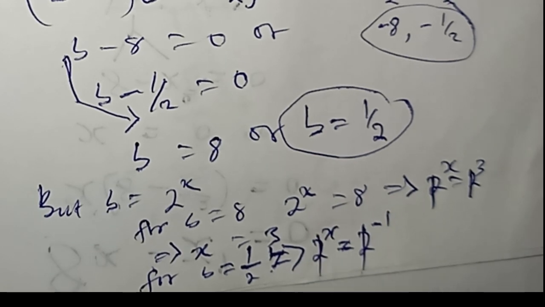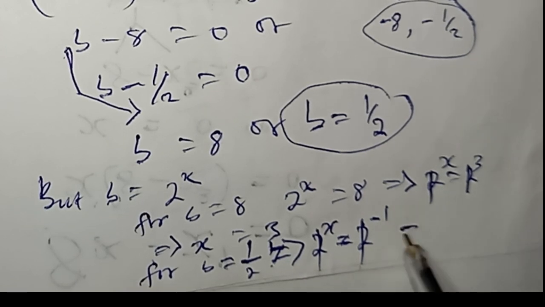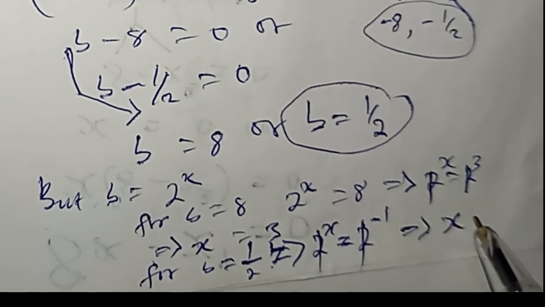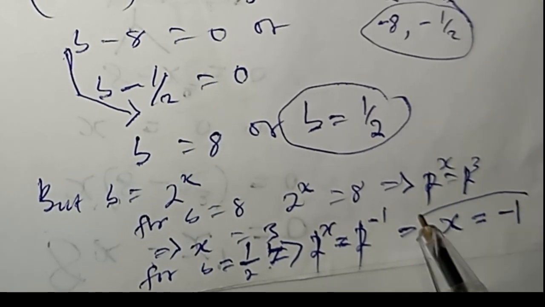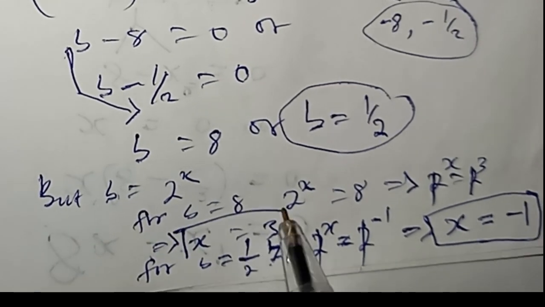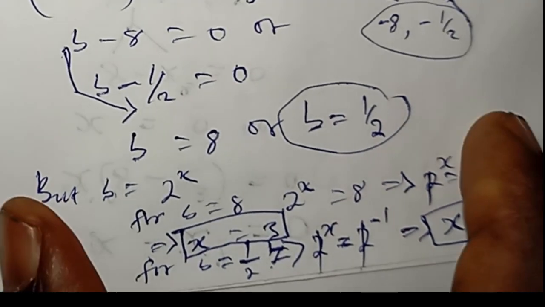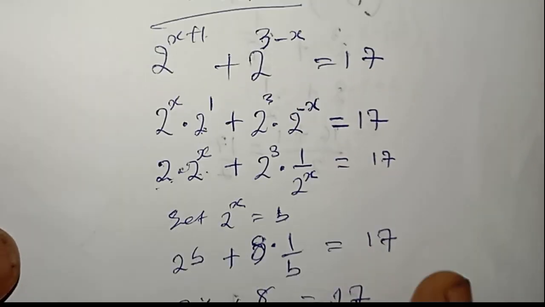So I cancel the base and equate the powers, and x is equal to minus 1. These are the two values of x that satisfy this equation: x equal to 3 and x equal to minus 1.